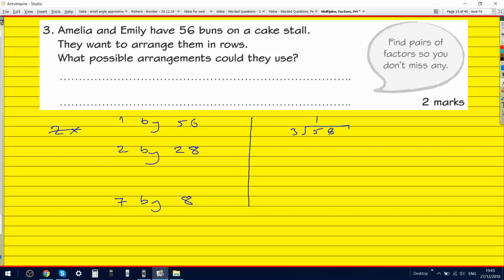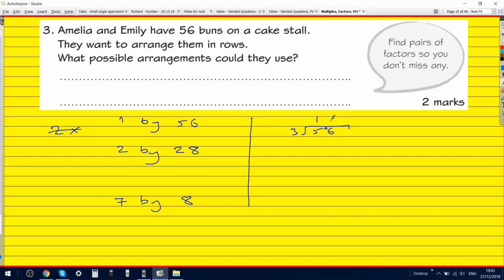Remainder? 2. 3 is in 26... Wait, no. So 3 times 10 is 30.